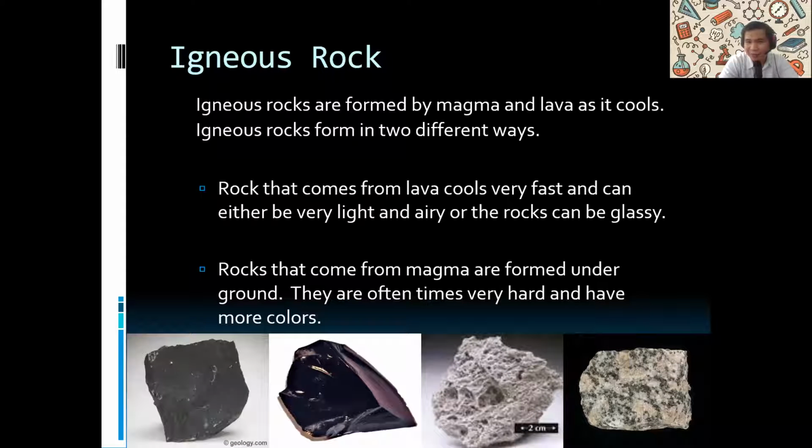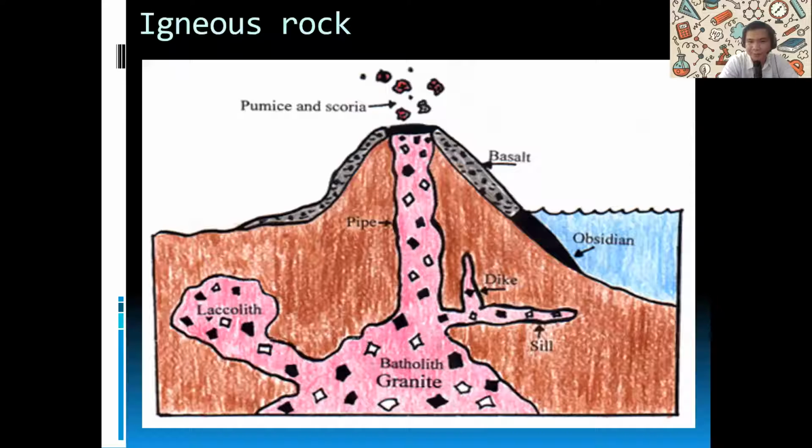But let's not stop reviewing here. Let's review some more. Now, there are two types of igneous rocks, intrusive and extrusive. Intrusive igneous rocks are the type of igneous rocks that are formed inside, okay?